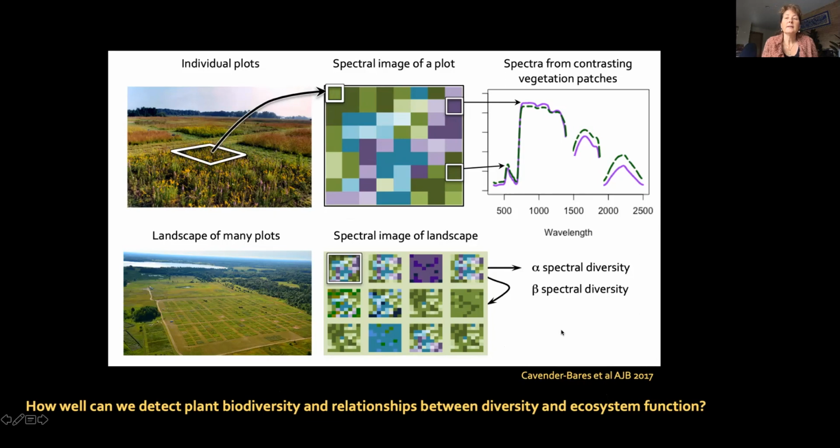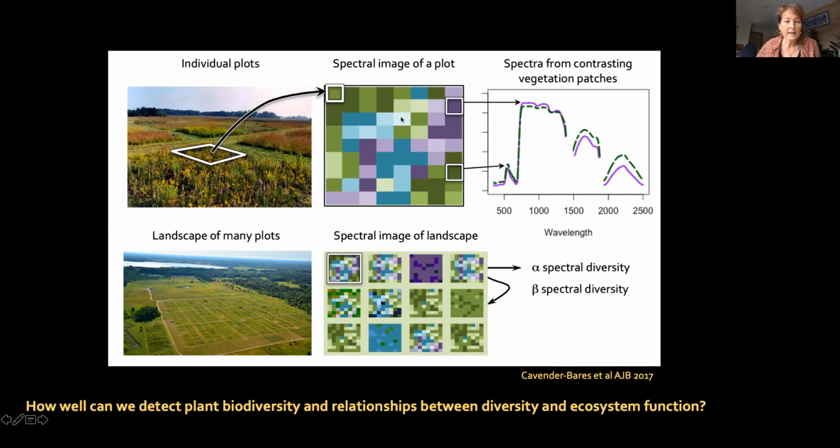So we're going to move now into talking a bit more about remote sensing of spectra, linking them to diversity, plant diversity, and then to ecosystem processes. And so in that same biodiv experiment at Cedar Creek, you can see that there are a whole series of plots.